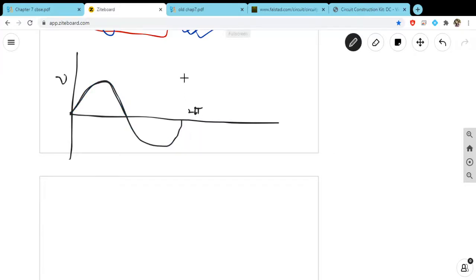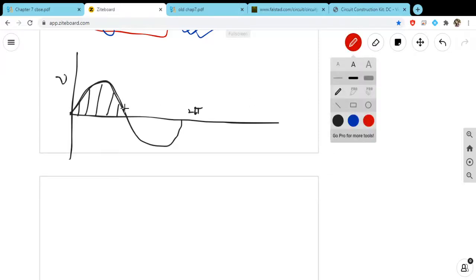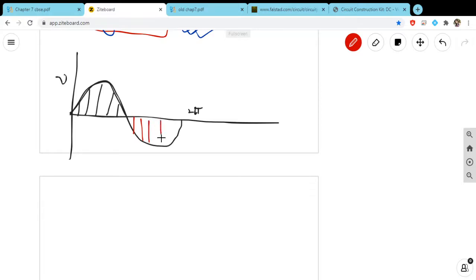The answer is 0. Why? Because voltage varies positively with time, and then again it changes by the same value in the negative direction. So the average value is 0.